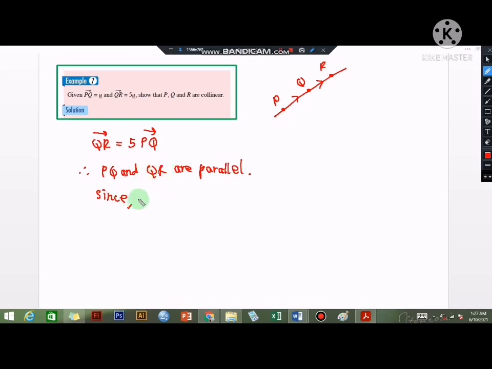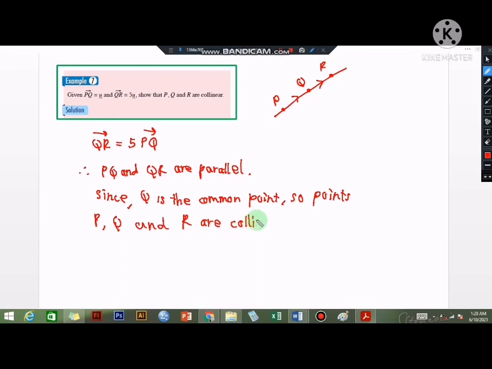So since Q is the common point, points P, Q and R are collinear.